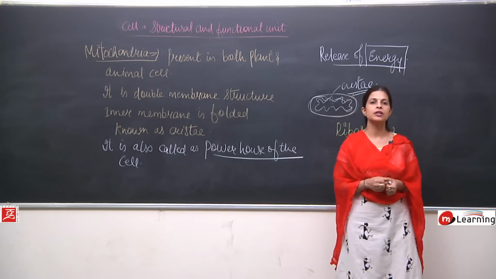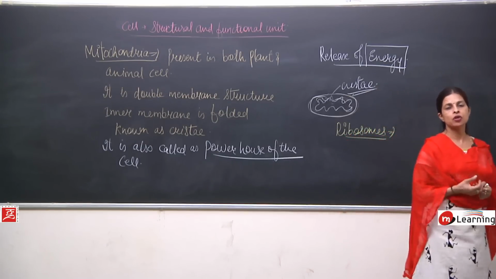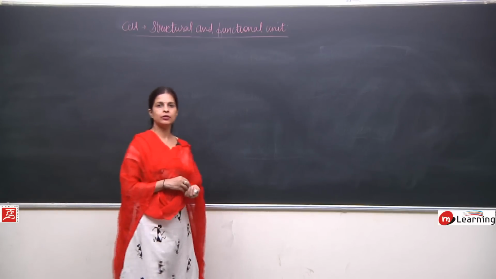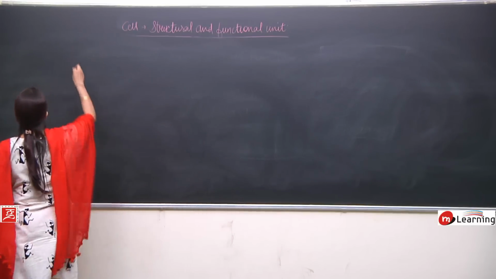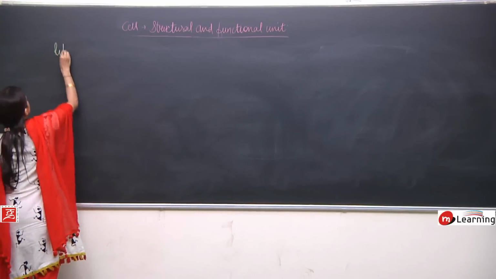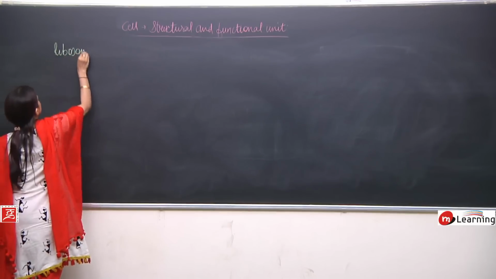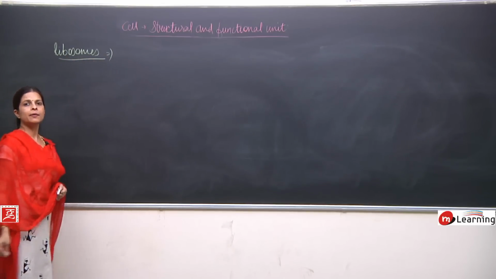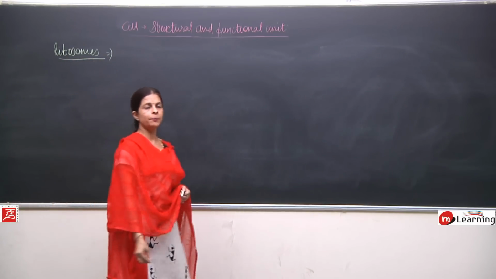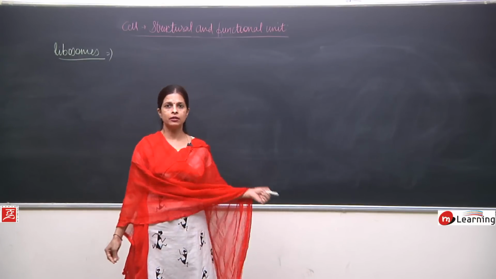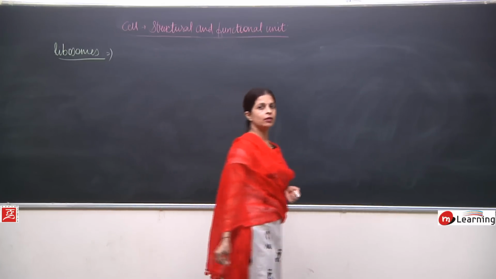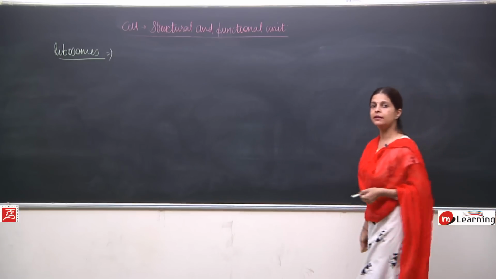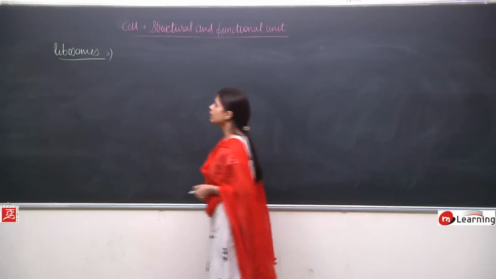Please note this so that we can discuss it. Ribosomes are present on the endoplasmic reticulum, I should say on the rough endoplasmic reticulum, and they are also present scattered in the cytoplasm.